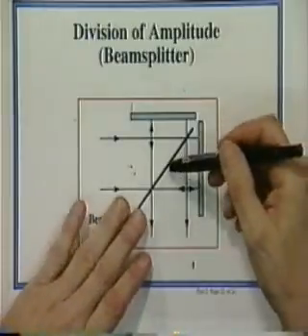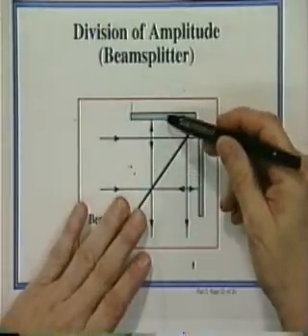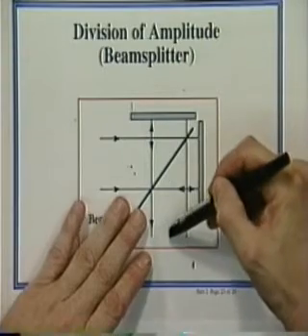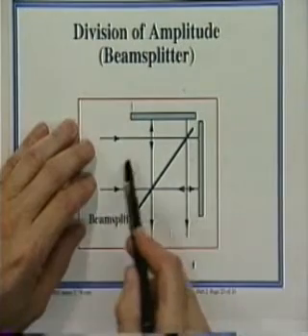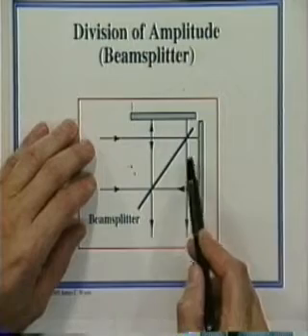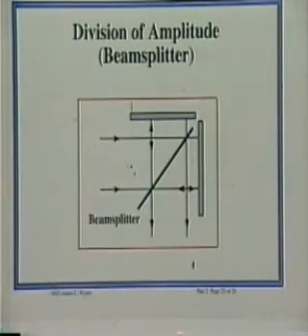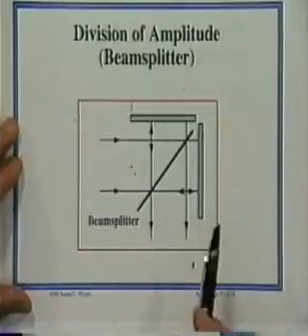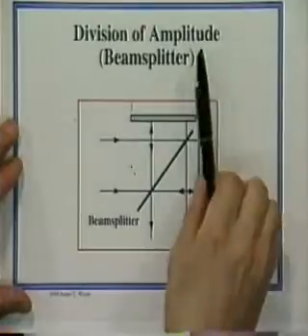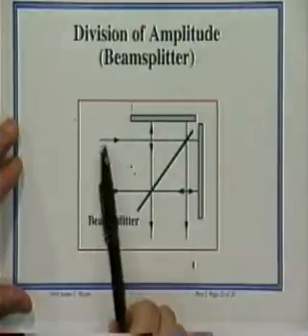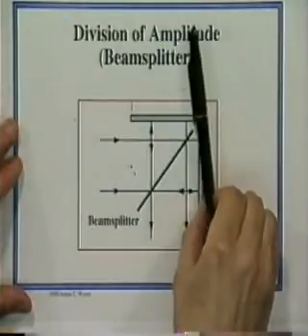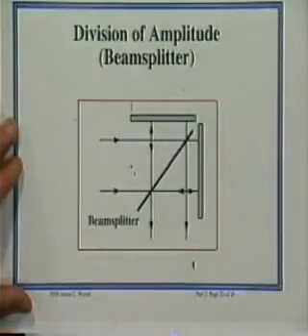Part of the light reflects up here, and then a mirror here reflects it back down here. Part of the light goes through the beam splitter to a mirror here, back here, reflects off the beam splitter, and out here. And here we have two beams interfering. If we tilt the mirror, say this is a collimated beam, we could tilt this so the two beams coming out leave at different angles.